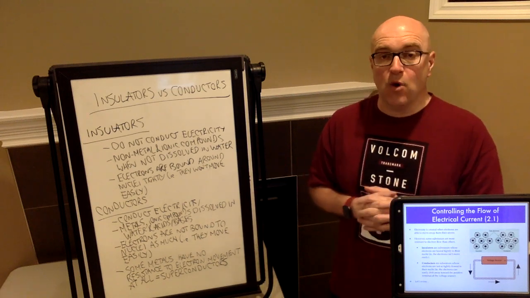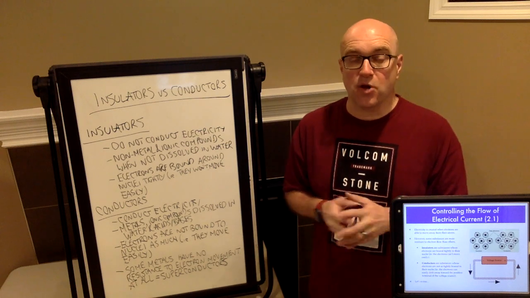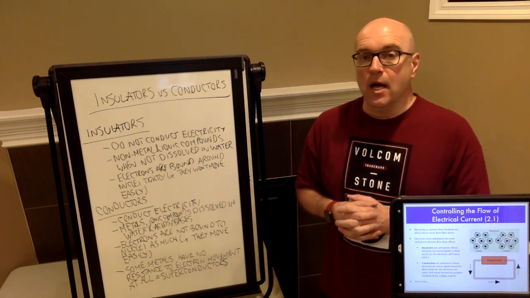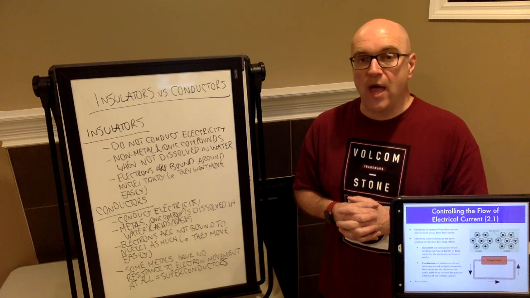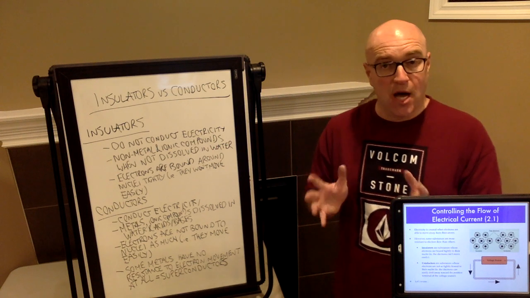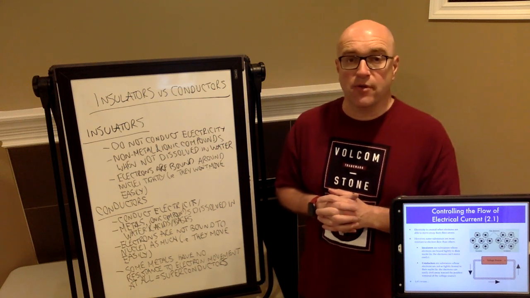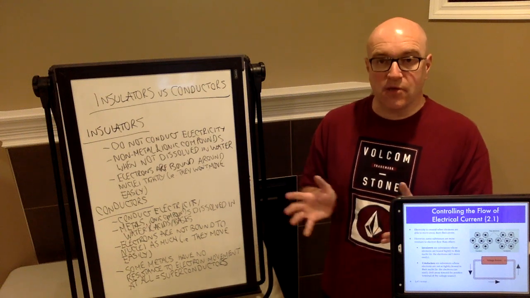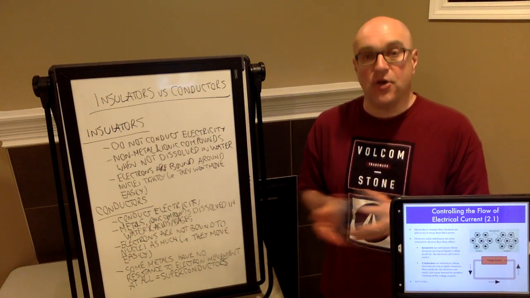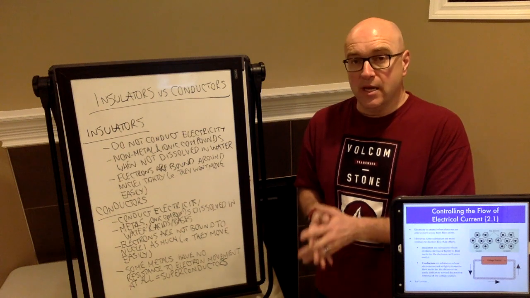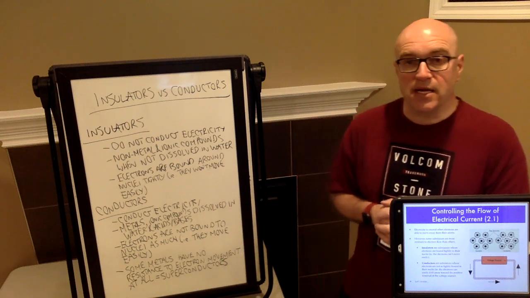Water, in a pure state, does not conduct electricity because it's a molecular compound, a non-metal. We also have ionic compounds. When they're not dissolved in water, they also do not, generally speaking, conduct electricity. For example, salt. If you have salt on a table in a solid form, it's not going to conduct electricity.